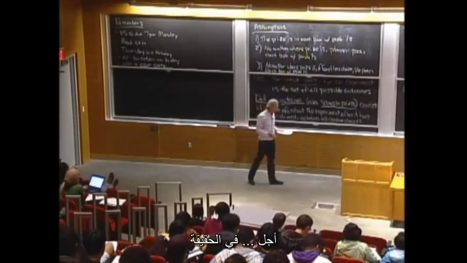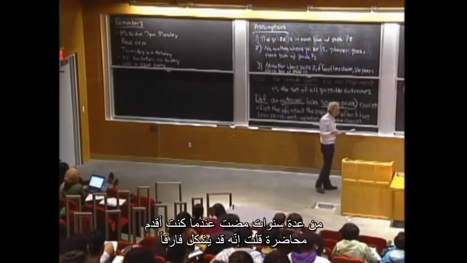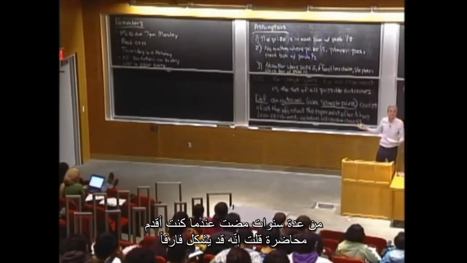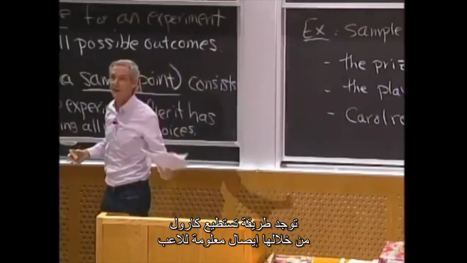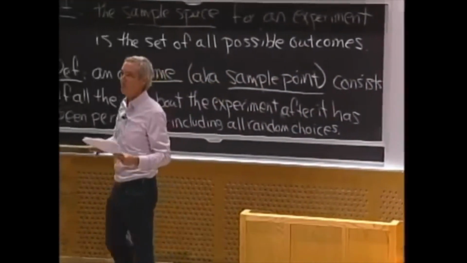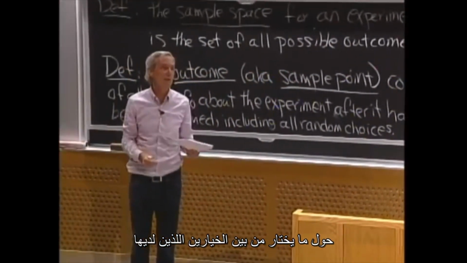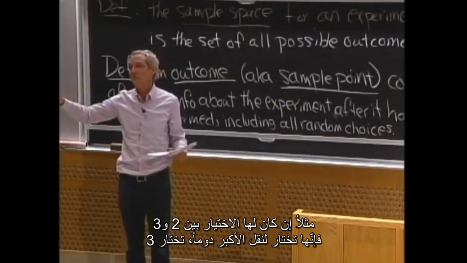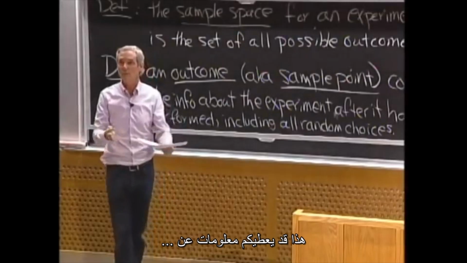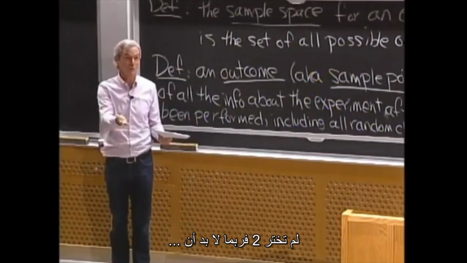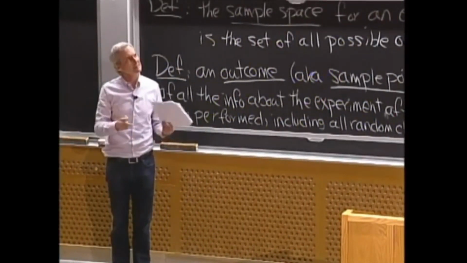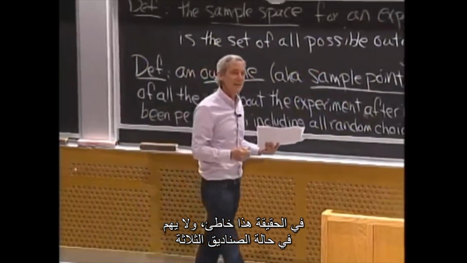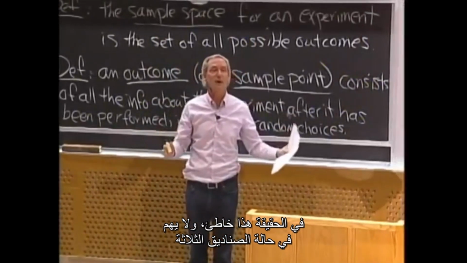Yeah. In fact, several years ago, when I was lecturing, I said it could make a difference. That there is a way that Carol can convey information to the player by, of the two she's choosing, which one to pick. Like if she has a choice of 2 or 3, say she always picks the bigger one, 3. Well, that might tell you information about she didn't pick 2. In fact, that's wrong, and it doesn't matter in the case of 3 boxes, this assumption.